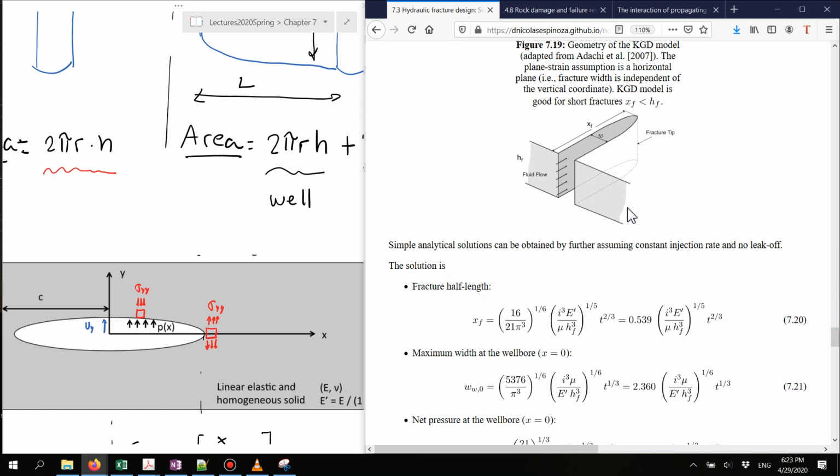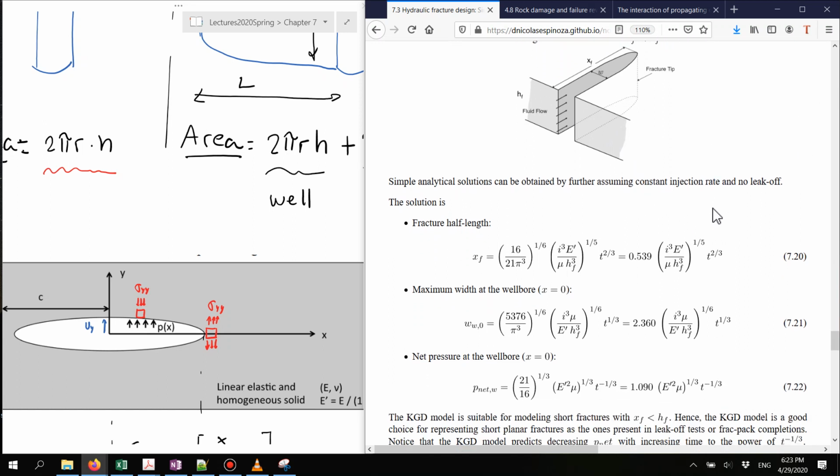For example, this is also sometimes applied to frac pack completions, in which the fractures are not necessarily meant to go long into the formation, but are meant just to be short and just to bypass the near wellbore region.